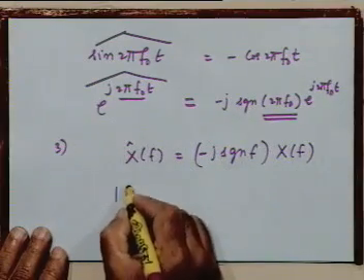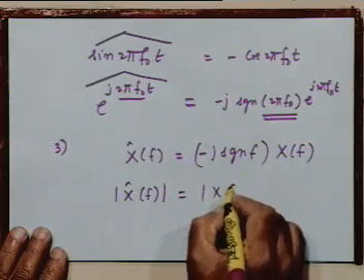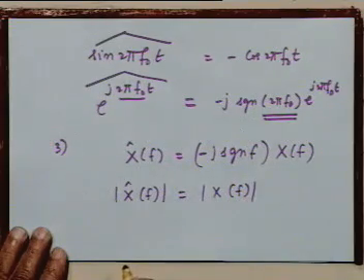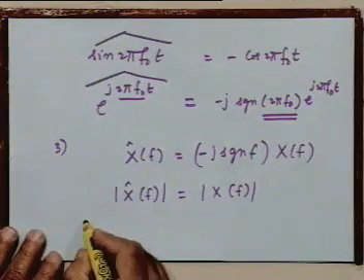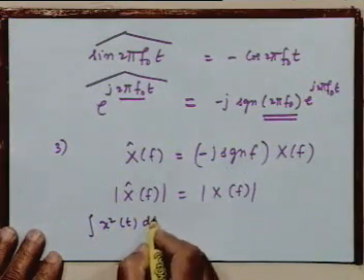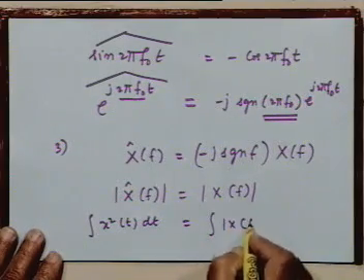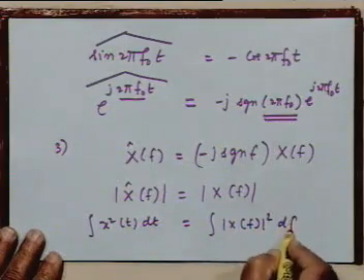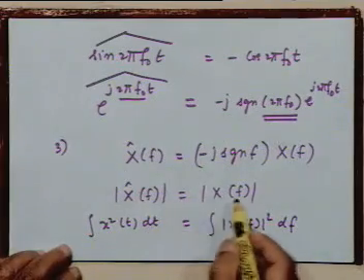So look at the magnitude of this. And from Parseval's theorem, we know that the energy can be written in terms of the frequency domain function, and this equality holds. So this is the same for both of them.